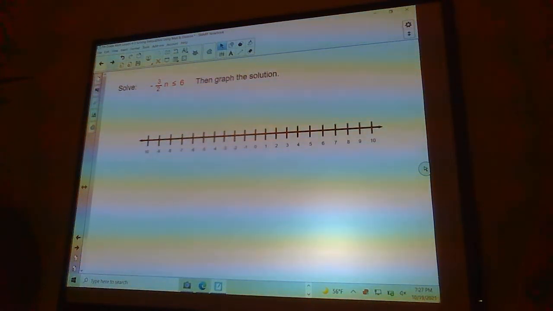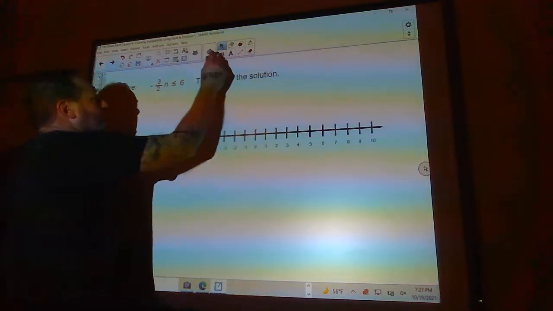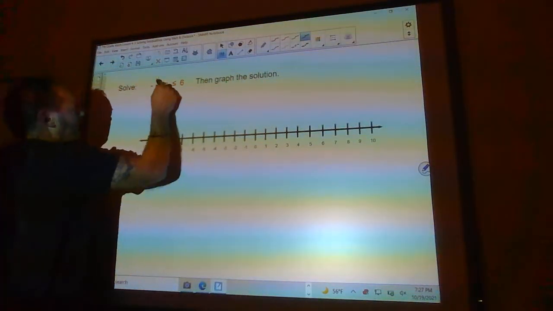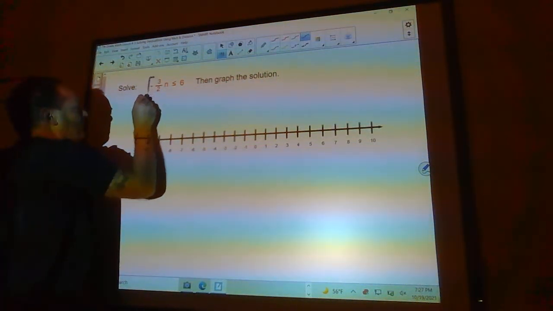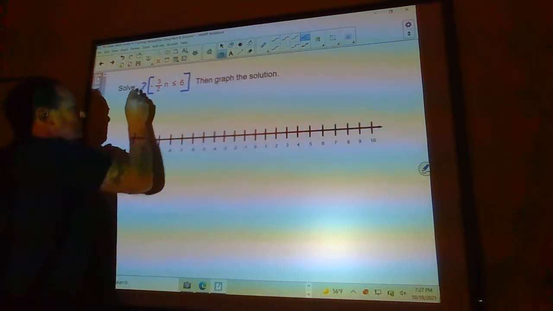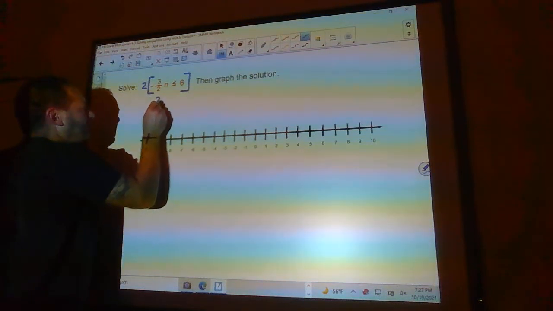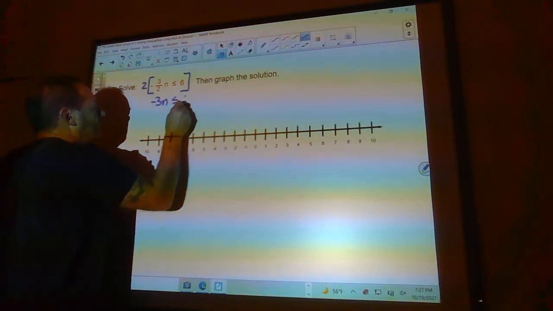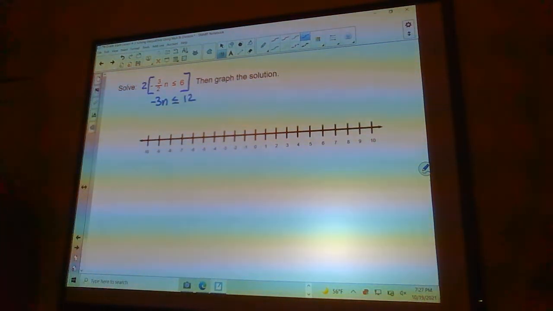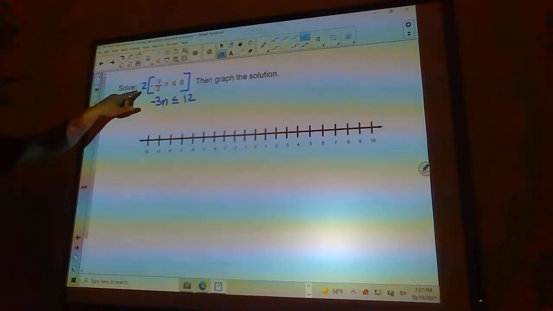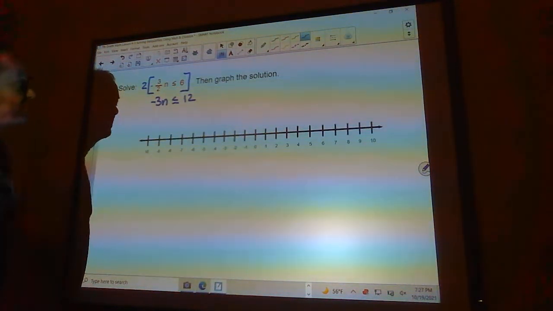So let's try this one. Negative 3/2 n is less than or equal to 6. I've got a fraction here. This is negative 3 divided by 2. I'm going to multiply this whole thing by 2. That's going to cancel this, leaving me with negative 3n is less than or equal to 12. Now, I multiplied by a positive number so it doesn't flip this sign over.